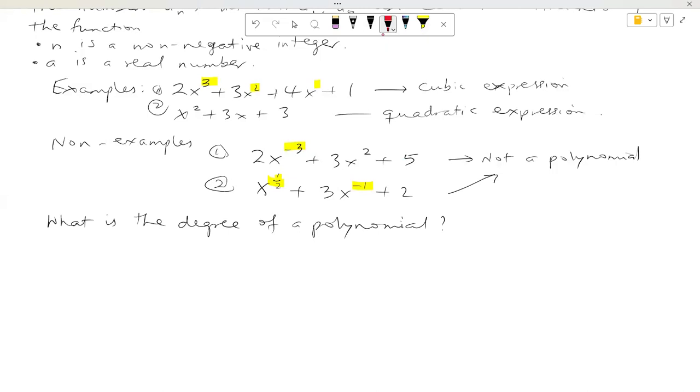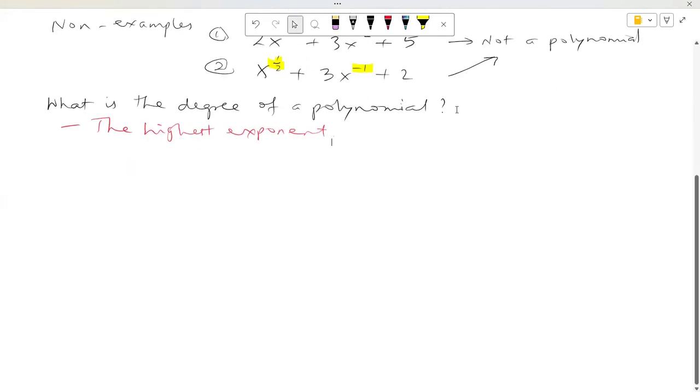The highest exponent. That's what we call the degree. So let's look at some examples.